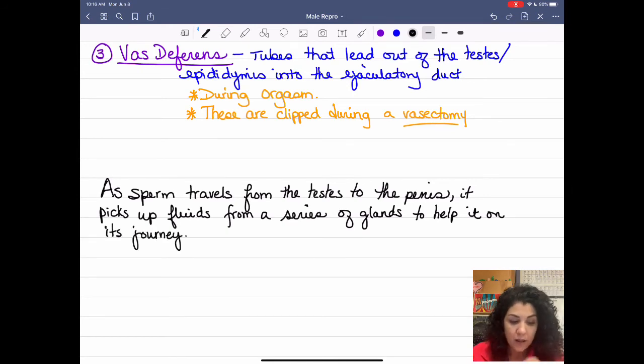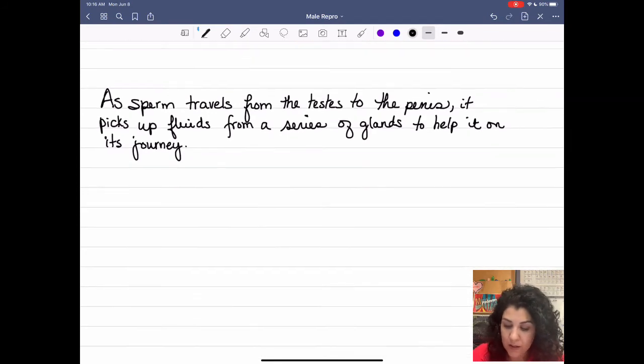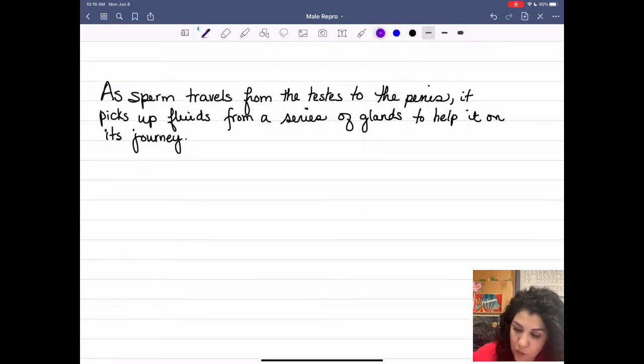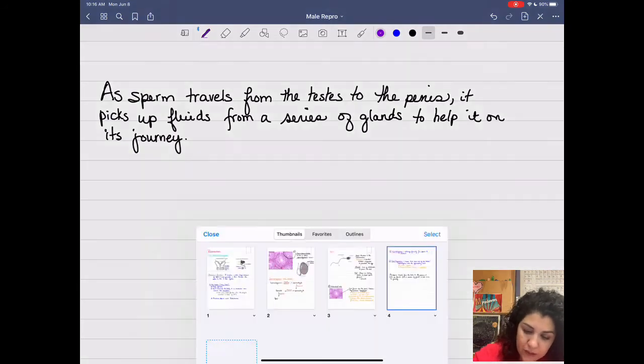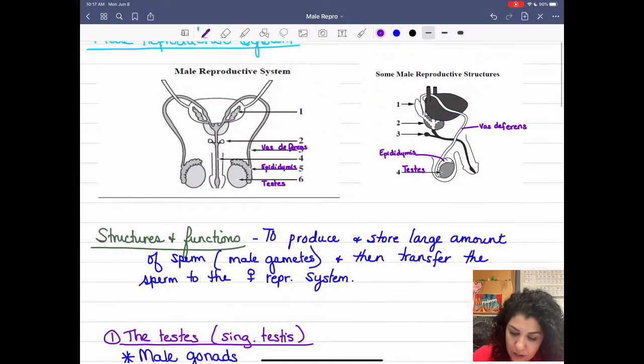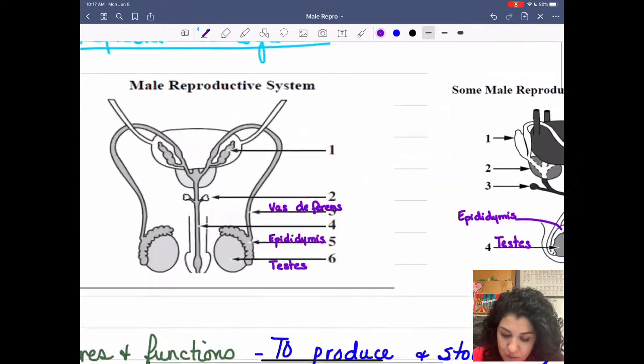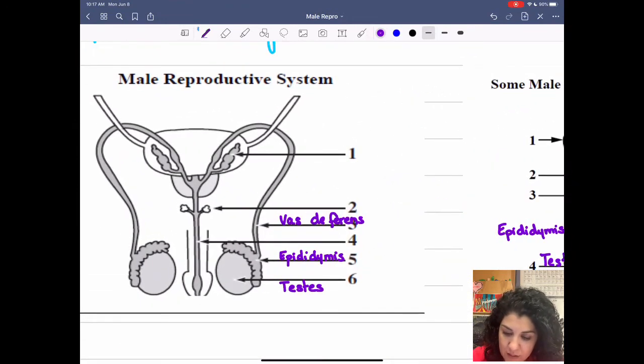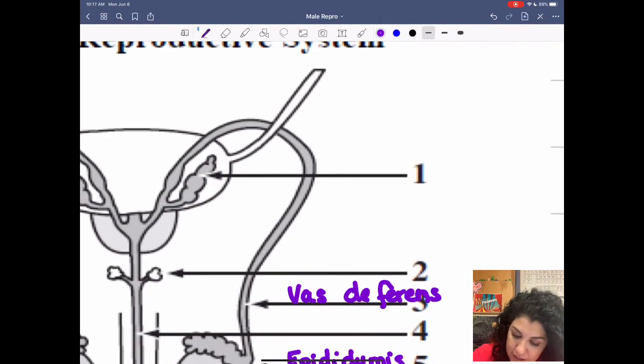Okay, and this is what these glands are and what they do. So we're gonna look at those. All right, so the very first set of glands that we see is these guys right here. And these guys are called seminal glands.